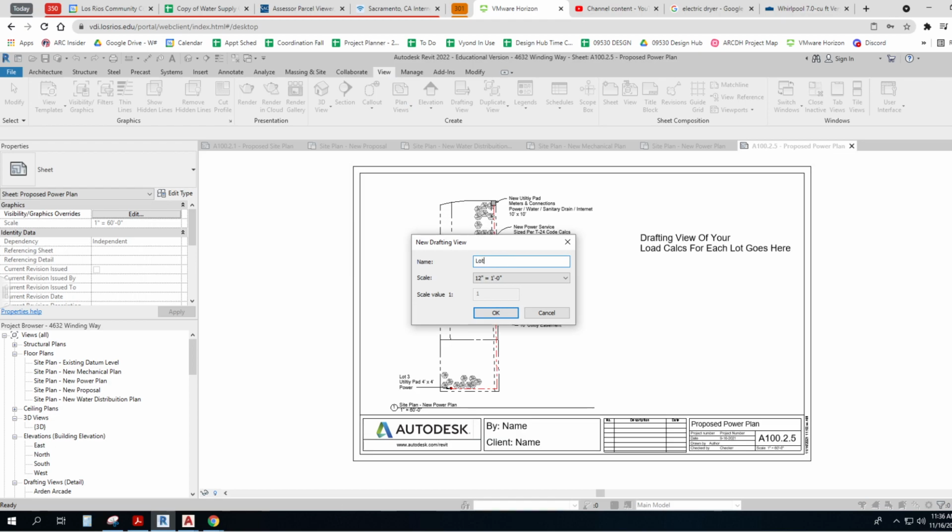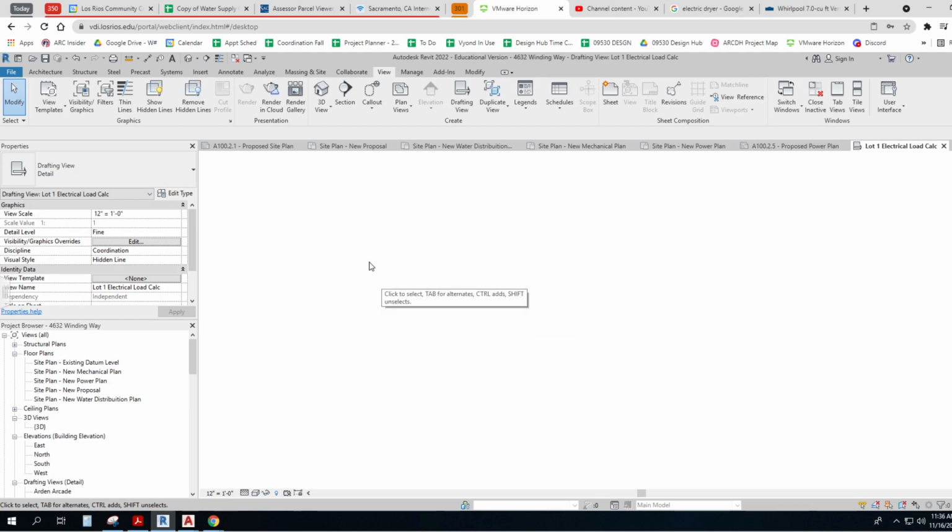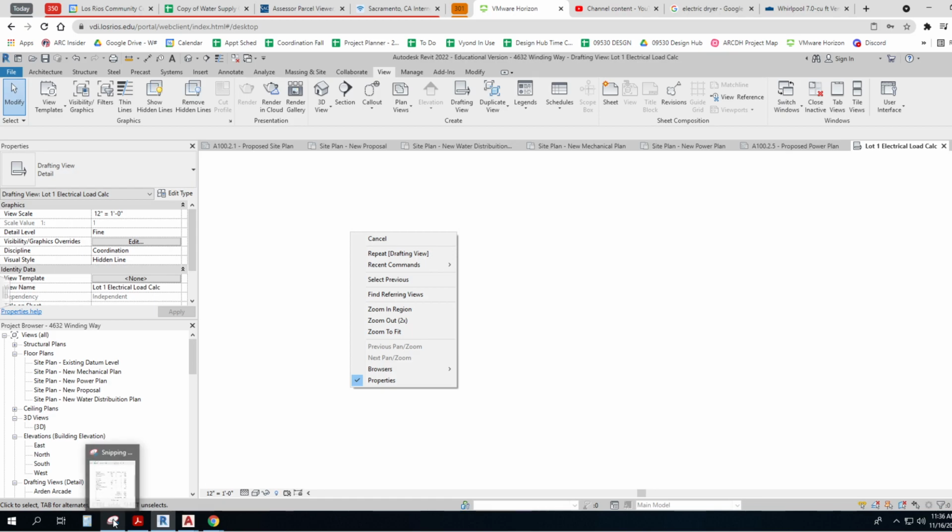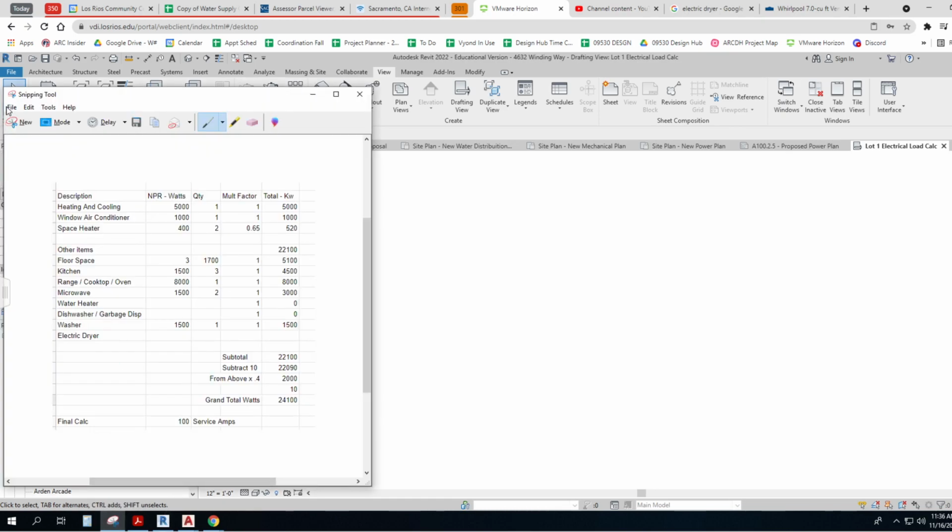This is going to be lot 1, electric load. And then I have to go save this thing and insert it, right?